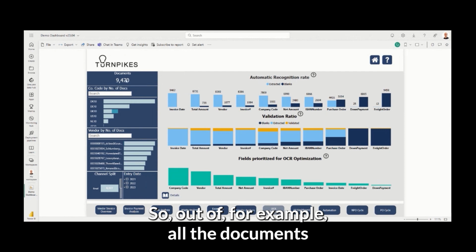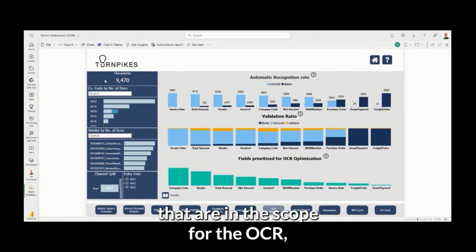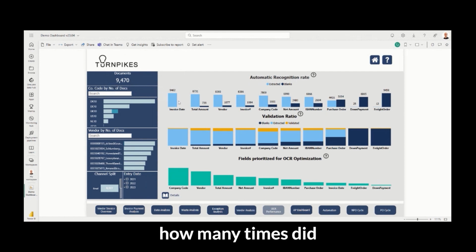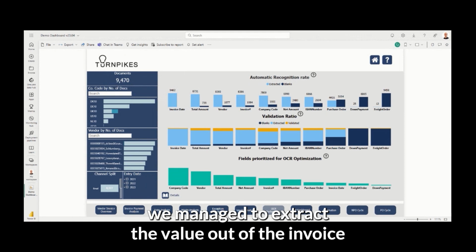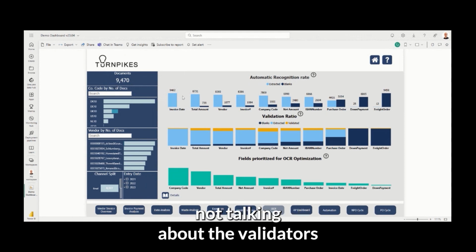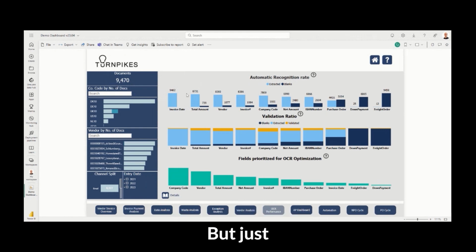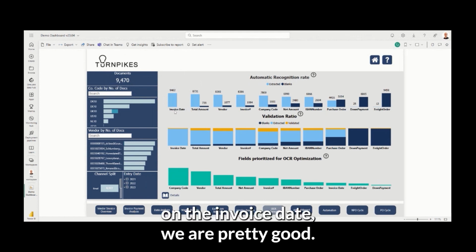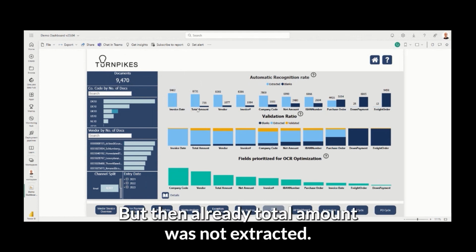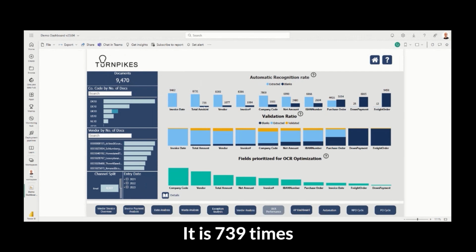So out of, for example, all the documents that are in the scope for the OCR, how many times did we manage to extract the value out of the invoice, just purely by OCR, not talking about the validators in case there is a validation step in a company, but just how many times did we manage to get the field correctly, or at all. And then, as you can see on the invoice date, we are pretty good, but then already total amount was not extracted in 739 times, and so on and so on.